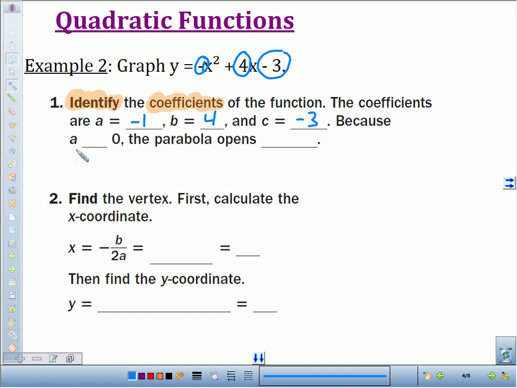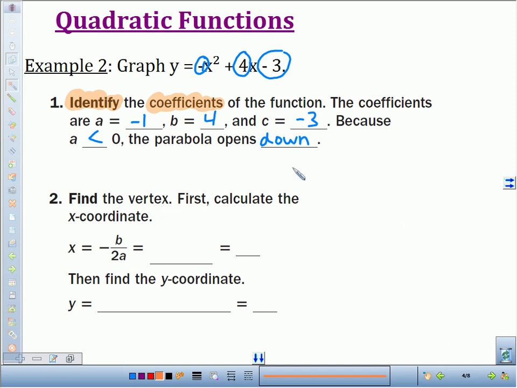Now because a is less than 0, the parabola opens down. Right? A is negative 1, negative 1 is less than 0, so the parabola opens down. Now we want to find the vertex. To find the vertex, first we have to calculate the x-coordinate.